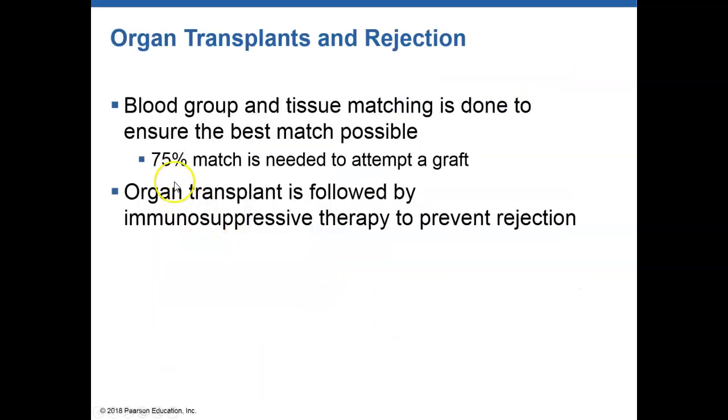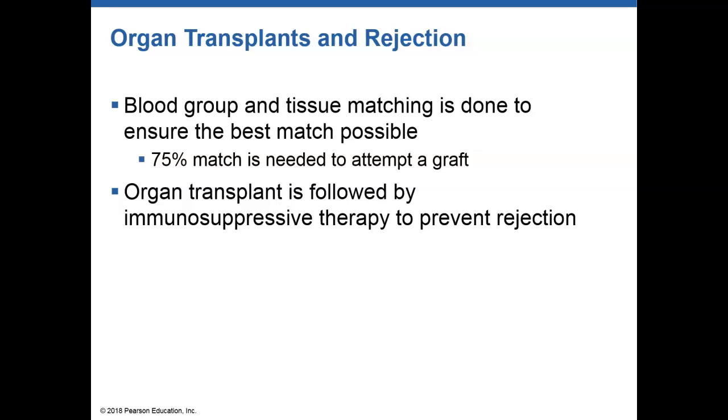Whenever you have an organ transplant, you have to make sure that not only are you getting the closest match in the tissues, but you're also getting a close blood group matching. So if I were to donate a kidney to someone else, that someone else would have to have the same blood type as me.